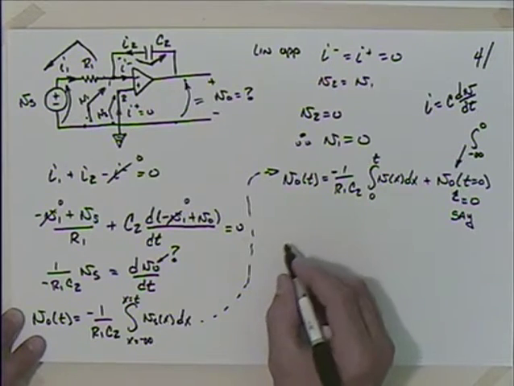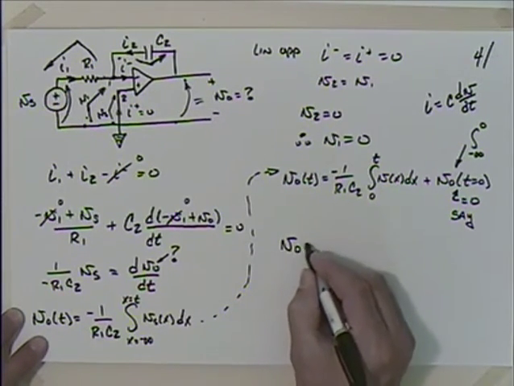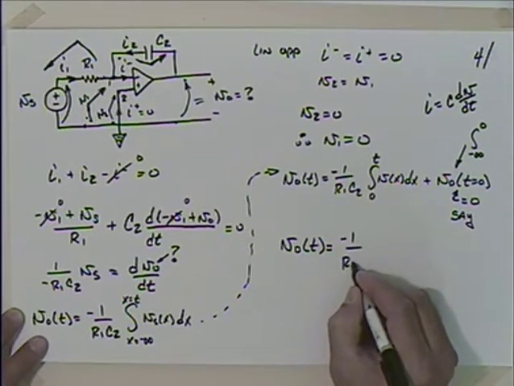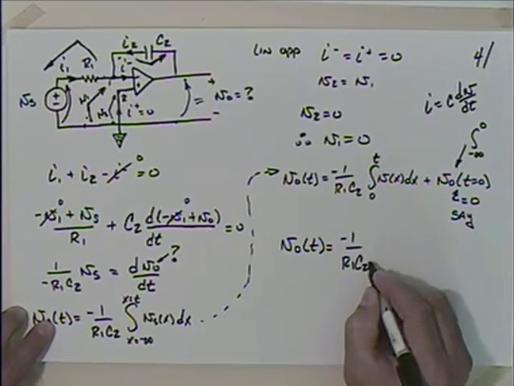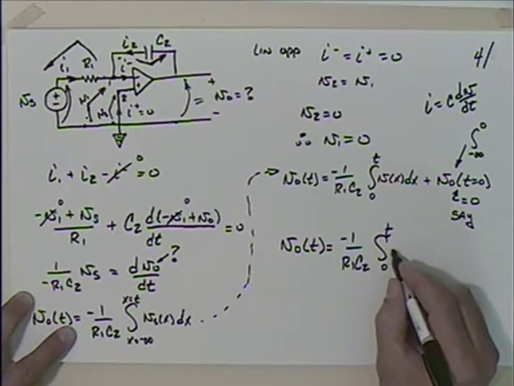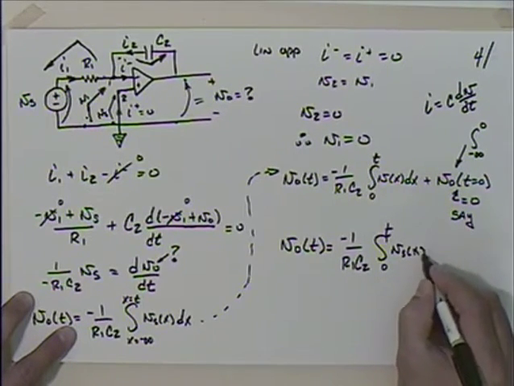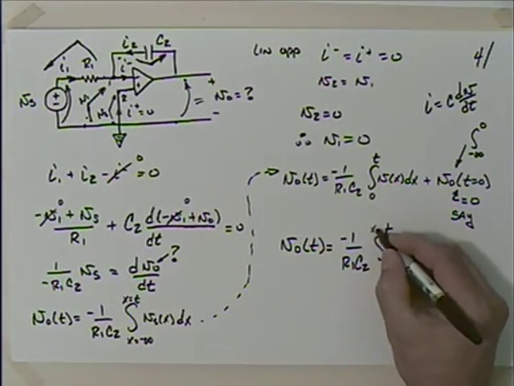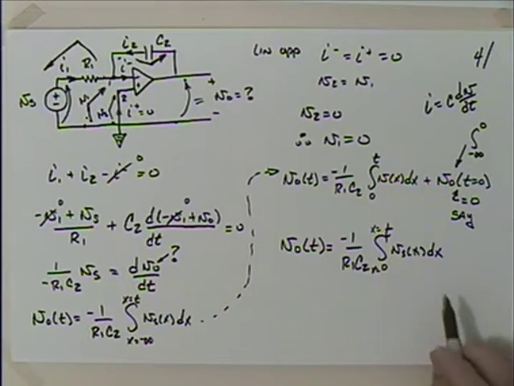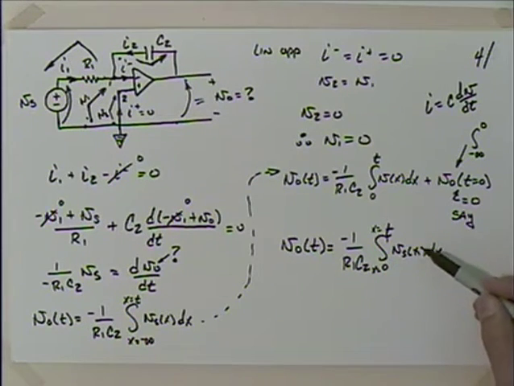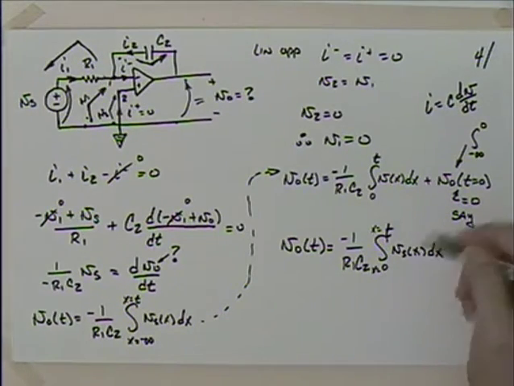So I can say then that V0 of t is equal to, cleaning this up, minus 1 over R1 C2 times the integral from 0 to t of Vs of x dx. Okay, and that says, of course, x is equal to t and x is equal to 0. Sometimes people will just say from 0 to t and then put Vs of t dt. That's a little bit confusing, because then you're saying that t is equal to t for your limits of integration.